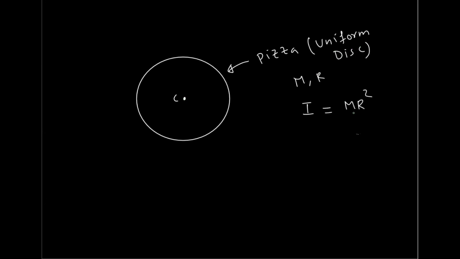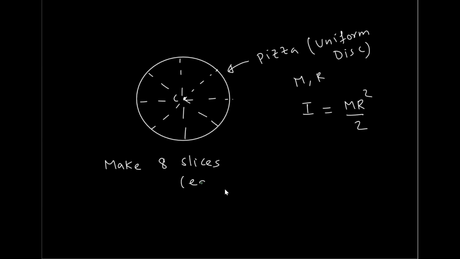Now suppose I make, let's say, 8 slices. Okay, I make 8 equal slices. I ate 7 slices. So there is only one slice left.